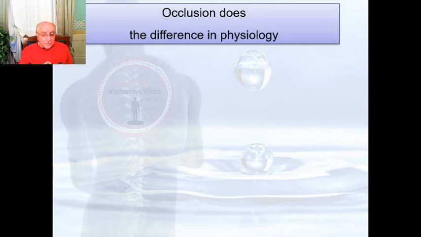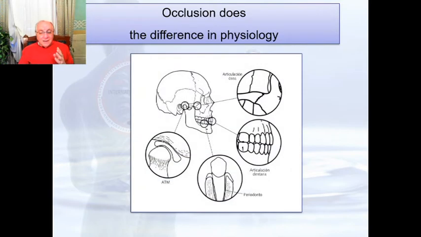The occlusion of the teeth is the big difference in the physiology. The TMJs have different problems related to the occlusion when the occlusion is not working.